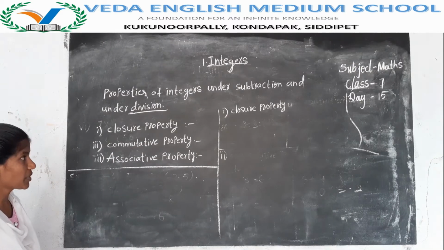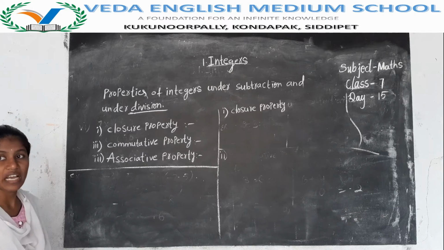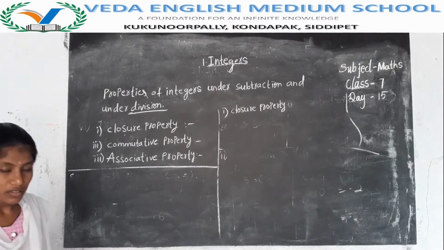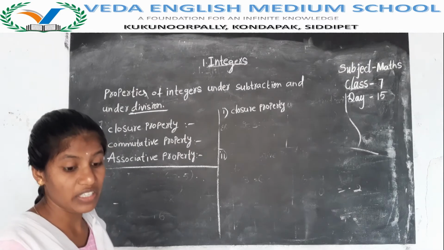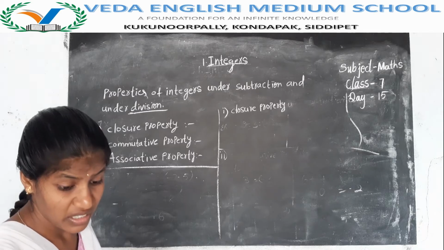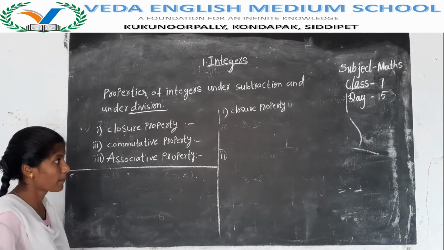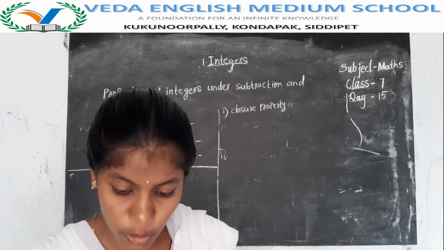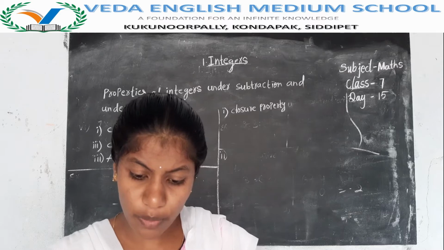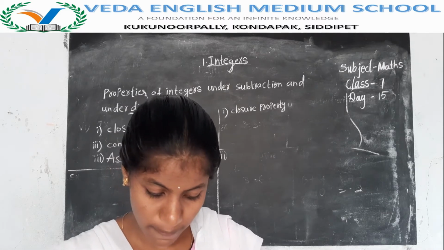Next, subtraction has completed. Now, properties of integers under division. Under division, the first property is closure property, the second property is commutative property, the third property is associative property.